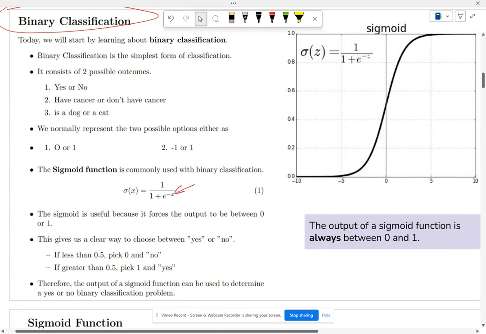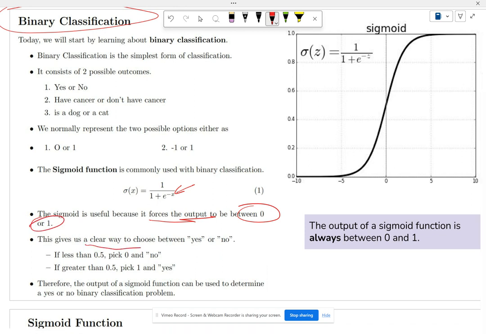The sigmoid is useful because it forces the output to be between 0 and 1. It gives us a clear way of choosing yes or no. For example, if our output is less than 0.5, then we pick 0 and say the answer is no. If it's greater than 0.5, then we pick yes.